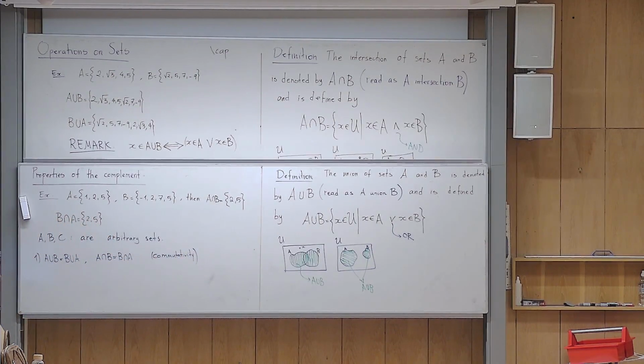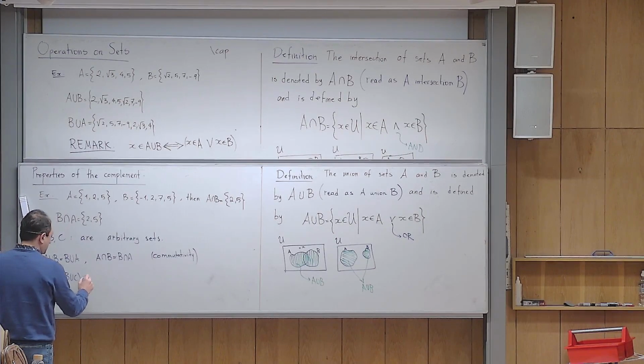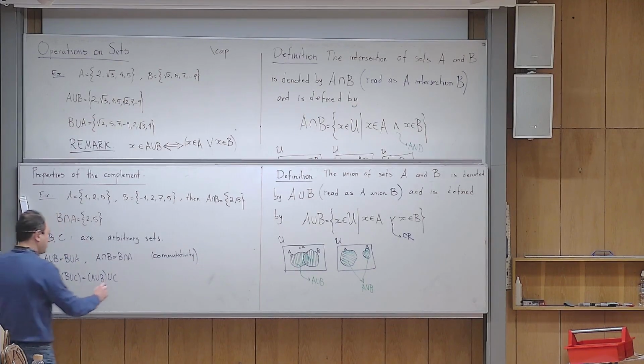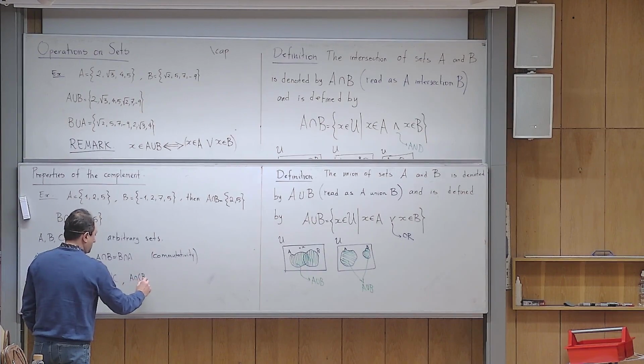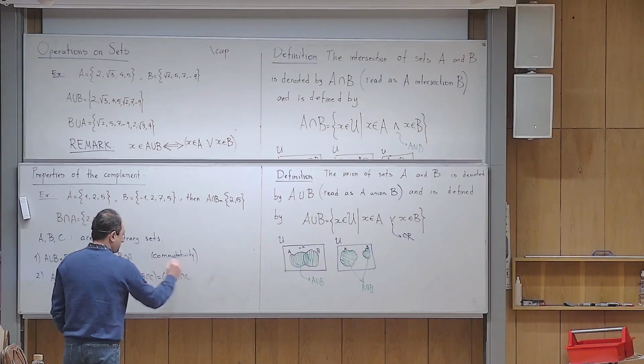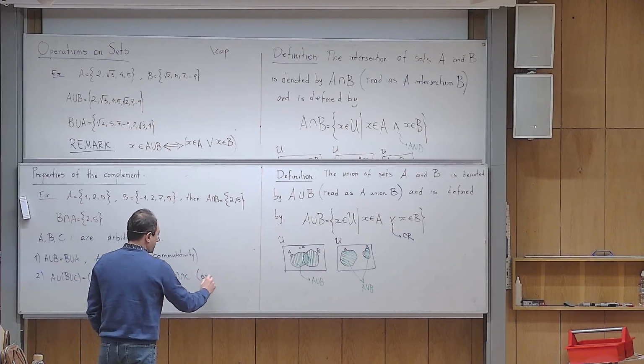You don't need to learn the names, they are not in the book, but they have mentioned these things. The second thing is that if I have 3 sets, hopefully you see it doesn't matter if I union A and B first, and then union it with C. The same thing is true for intersection. A intersection B intersection C is A intersection B intersection C. So this, if you want the name, is associativity, yes?